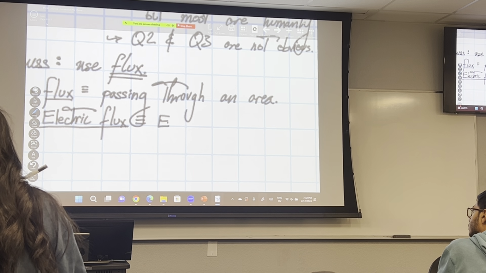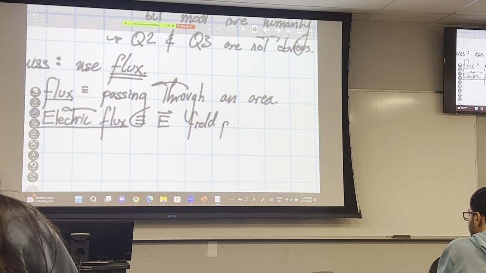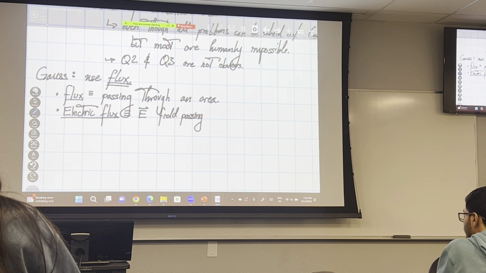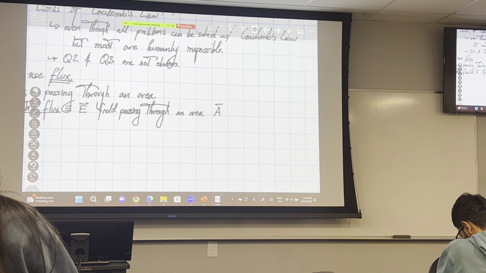This would be the electric field passing through an area A that is perpendicular to the surface.